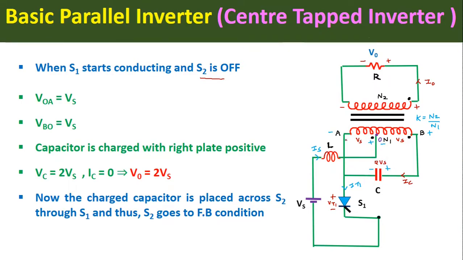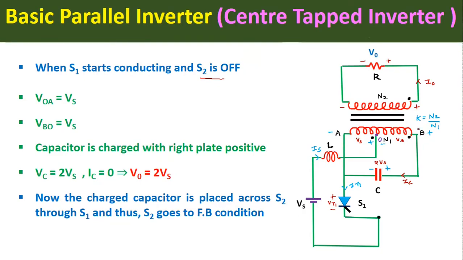When we find out the polarity of the voltages across this primary winding, this current Is will enter at this O point. So for the first half of the primary winding, this O point will be positive and this A point will be negative, and for the next half of the primary winding, this O point will be negative and this B point will be positive because of the transformer action.